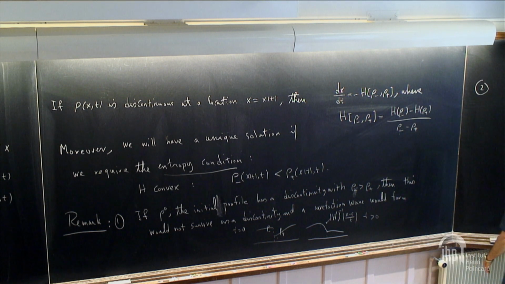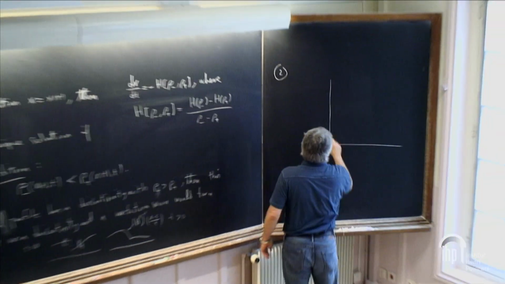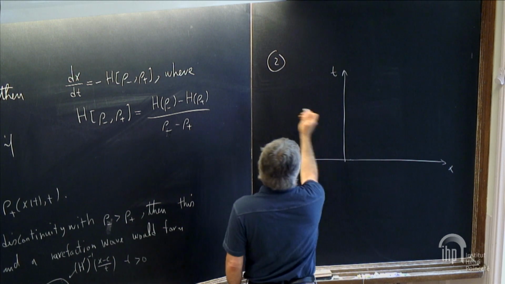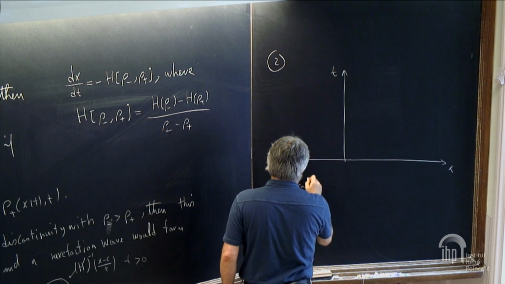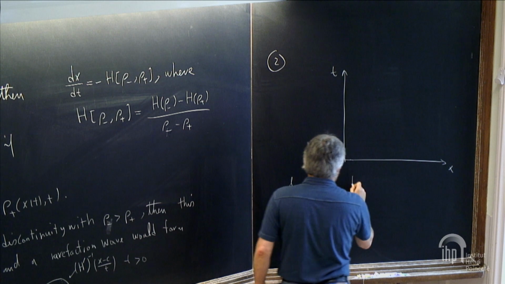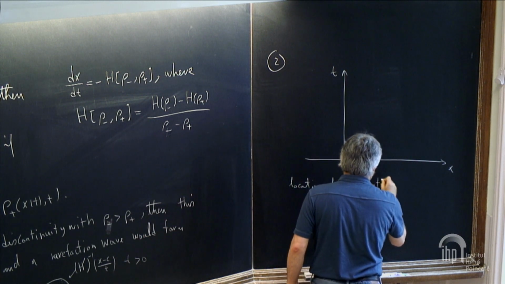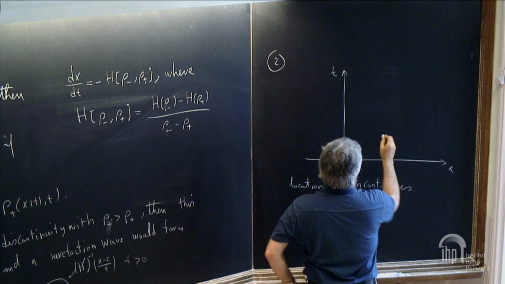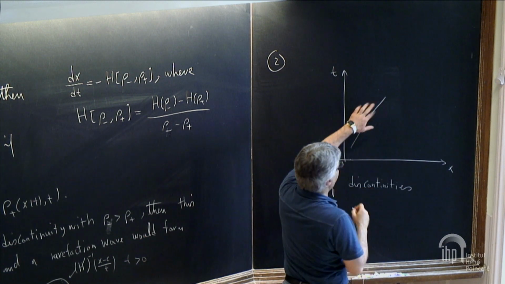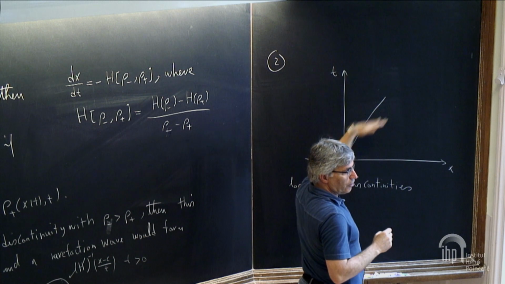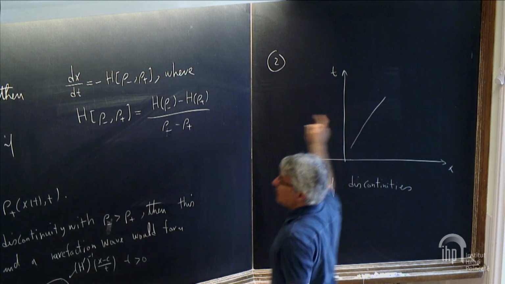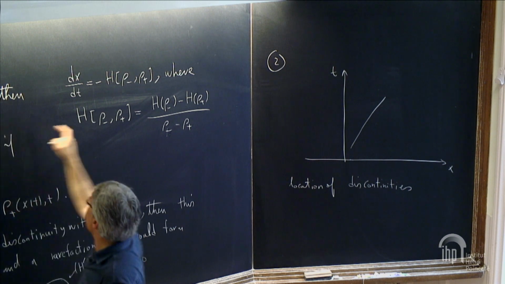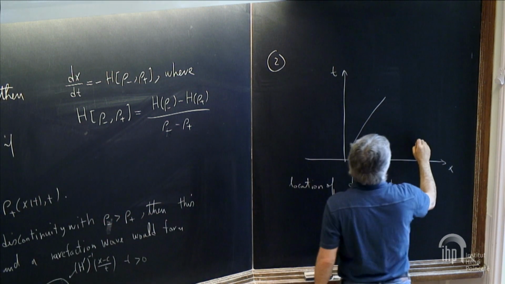So if I draw a picture for the location of discontinuities, you have space and time. Let's say this curve is one shock discontinuity. I'm plotting the graph of the shock discontinuity, this curve that satisfies this ODE. And then you may have another one.